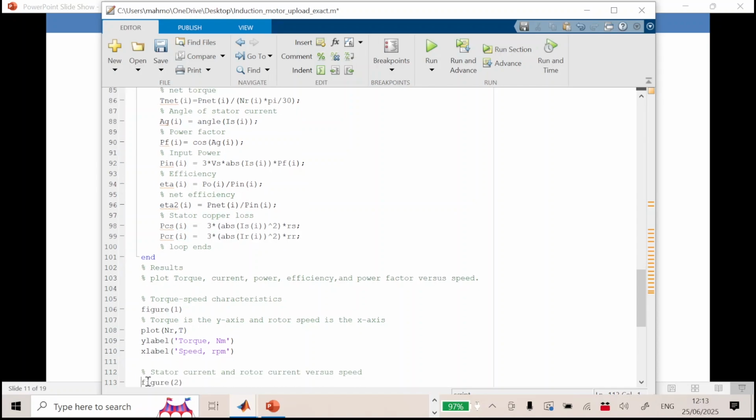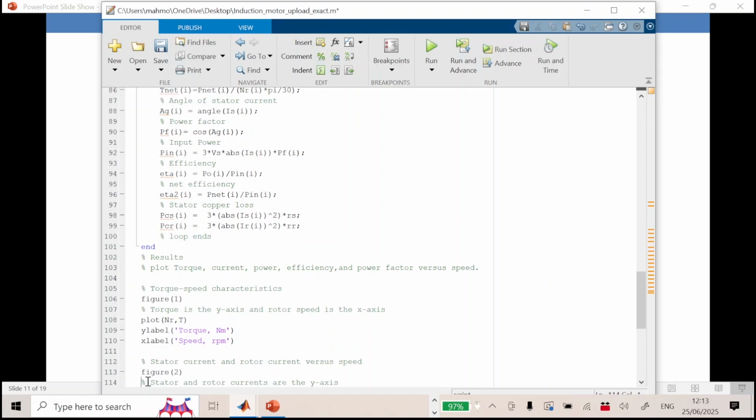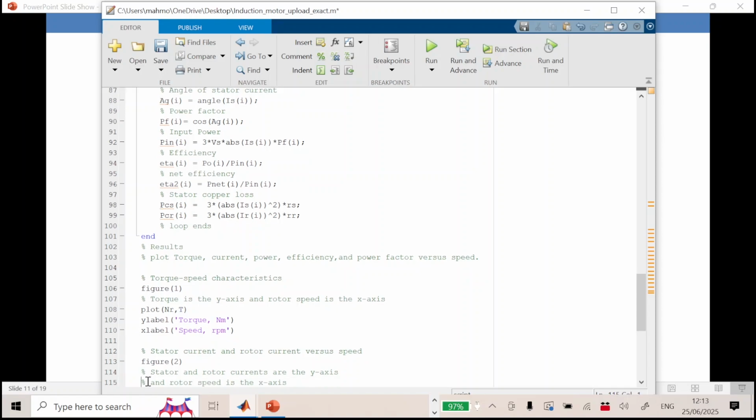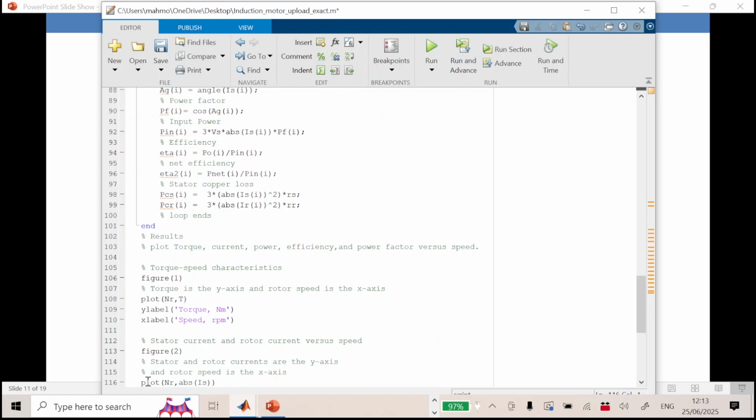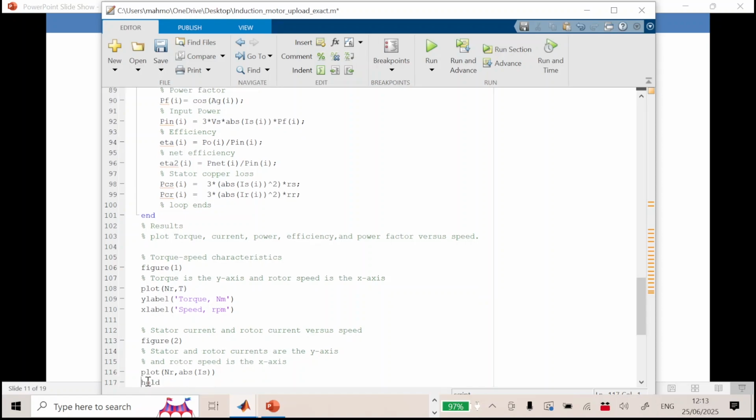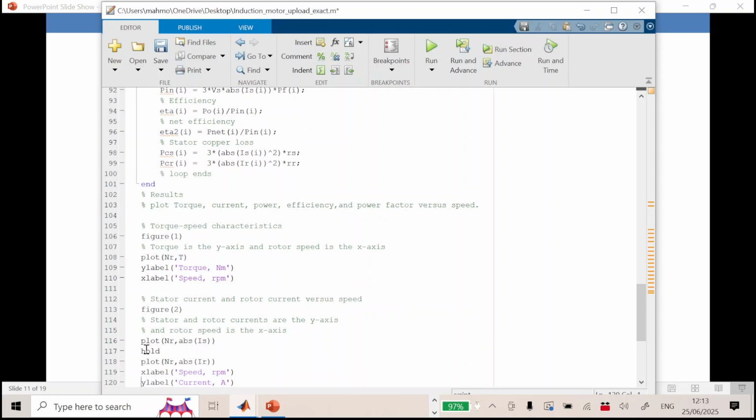Moving to another figure, we are going to have the stator and rotor current on the same figure. We add a figure, figure 2. Stator and rotor current will be on the y-axis, but they are two functions now. Let's look at how we are going to do it. The speed will be the x-axis. So plot the speed and the absolute value of the stator current, using the function abs. Then we use the function hold to hold the figure.